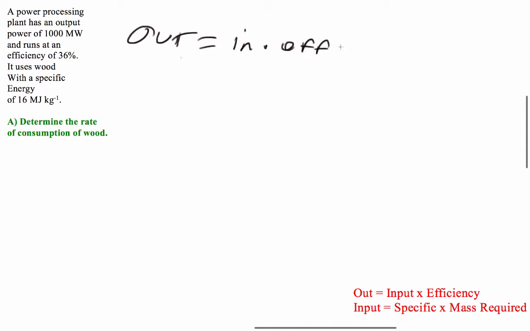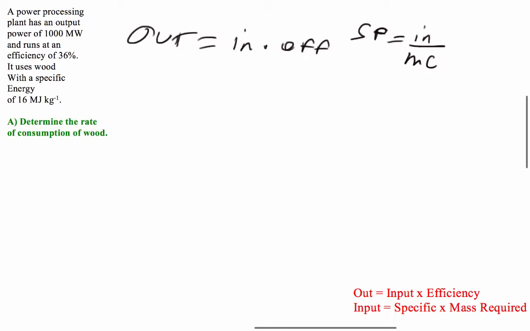And then your second equation is specific energy is equal to your input over your rate consumed, or your mass required. So we're just going to do mass consumed for that one.